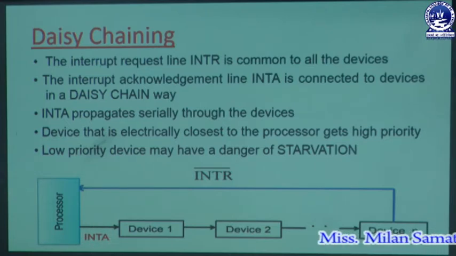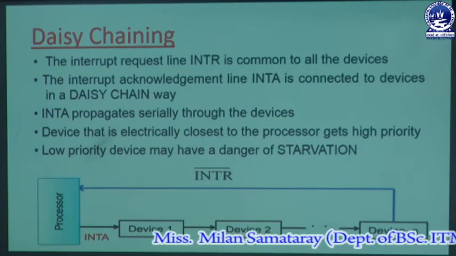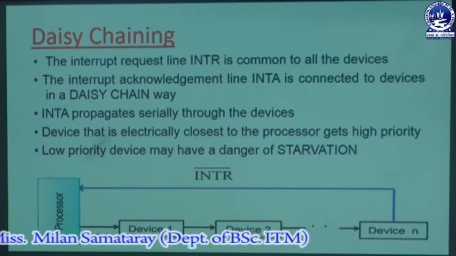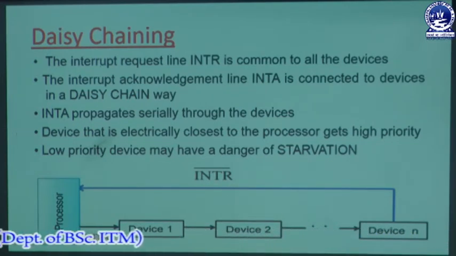That means if device 1 has some interrupt to be executed, and device 2 also has some interrupt to be executed, then after executing the interrupts of the in-between devices, device N will get this acknowledgement signal. After getting it, the interrupt requested by this device can be serviced by the processor.